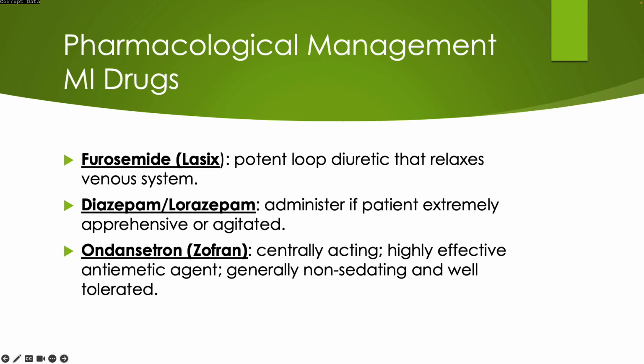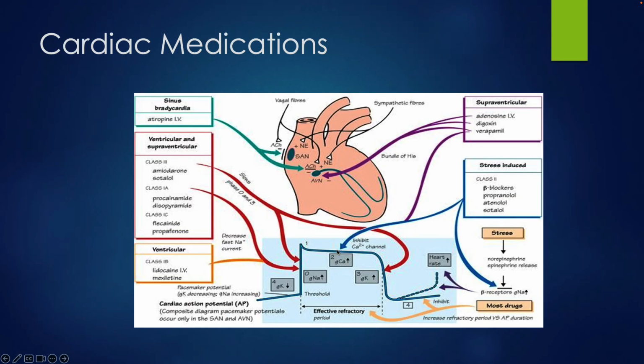Take a moment and look at this chart that I've provided here. It gives you some very good information as far as the drugs and where they act. For sinus bradycardia, you'll see that it works to block acetylcholine at the SA node.